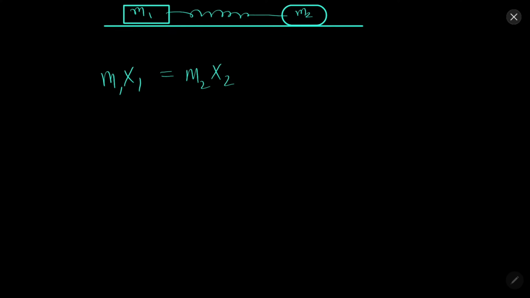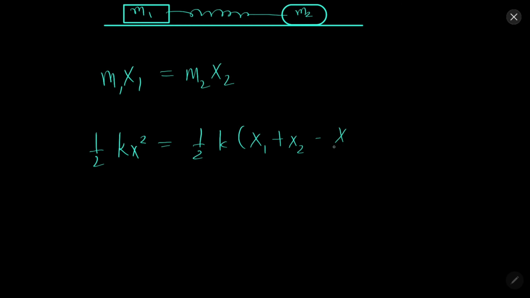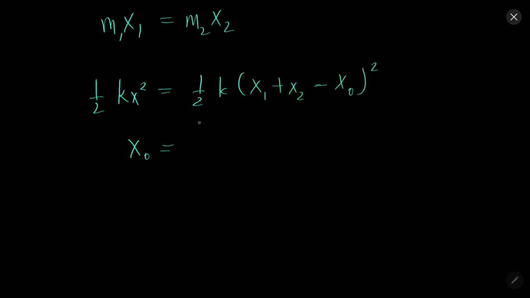By conservation of energy, half kx square equals half k (x1 plus x2 minus x0) whole square. So x1 plus x2 will be 2x0.